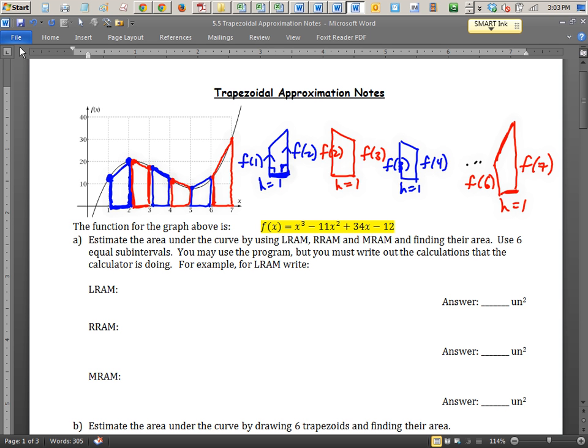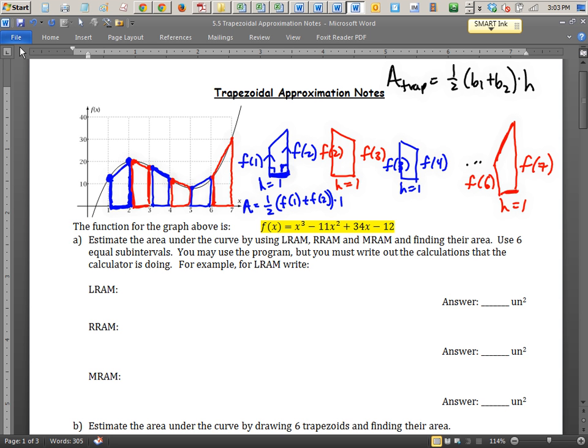So you probably remember from your SAT classes or whatever, you studied that the area of a trapezoid is 1/2 times base 1 plus base 2 times height. So for this first blue trapezoid, for example, the area would be 1/2 times f of 1 plus f of 2 times the height, which is just 1.